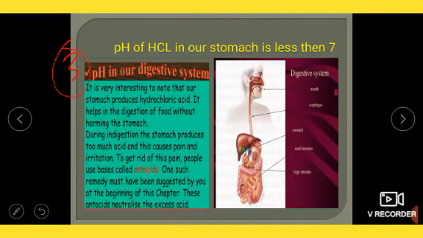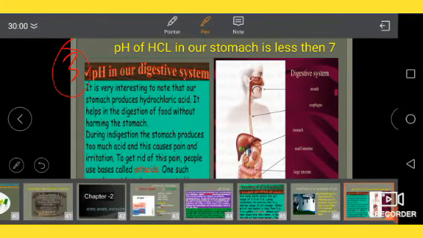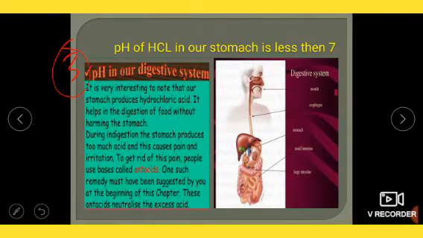Maybe your parents or doctor will suggest some bitter gourd medicine, which is bitter in taste. So just think why the sour taste is neutralized by a bitter thing. Okay, that will increase the pH of our digestive system, and because of that, the digestive system will become normal. Okay, this is the importance of pH and HCl in our stomach.